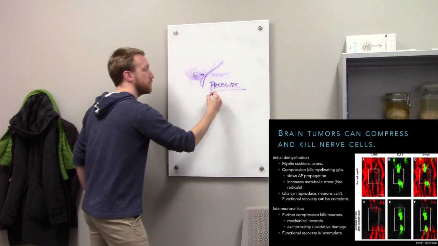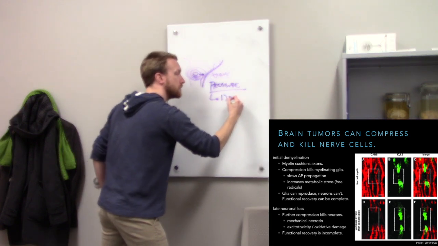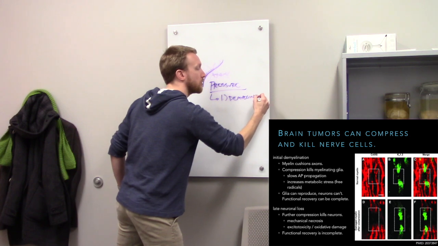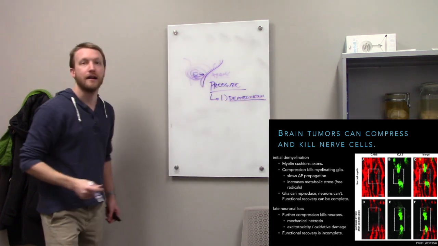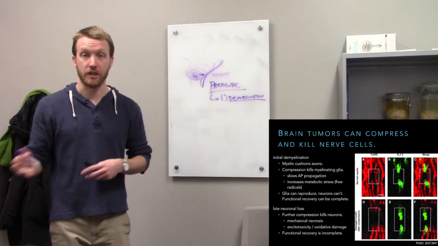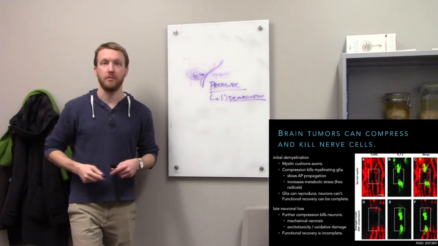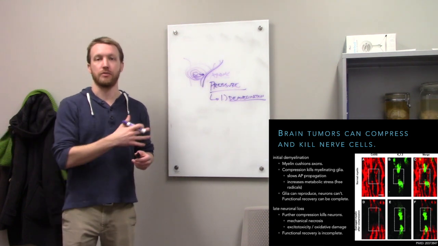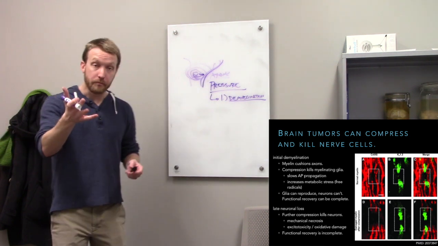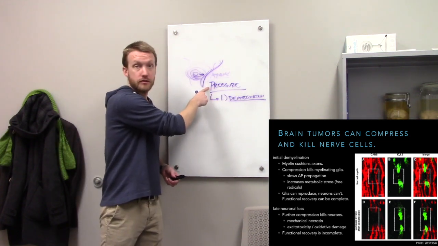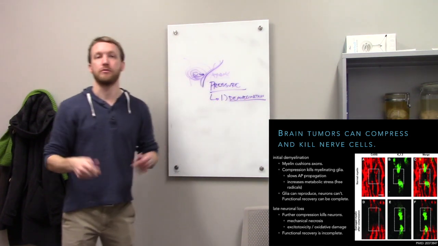So when we apply that pressure, first the glia that were myelinating the axon die off. That's kind of their job. It's a fail-safe job. Really what they're there to do is to facilitate action potential propagation. But if there is some pressure here, they act as a cushion. So they die to kind of relieve the pressure, if you will.